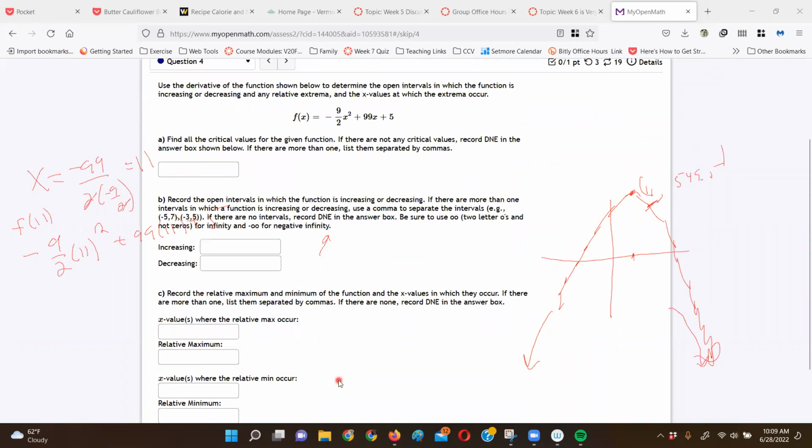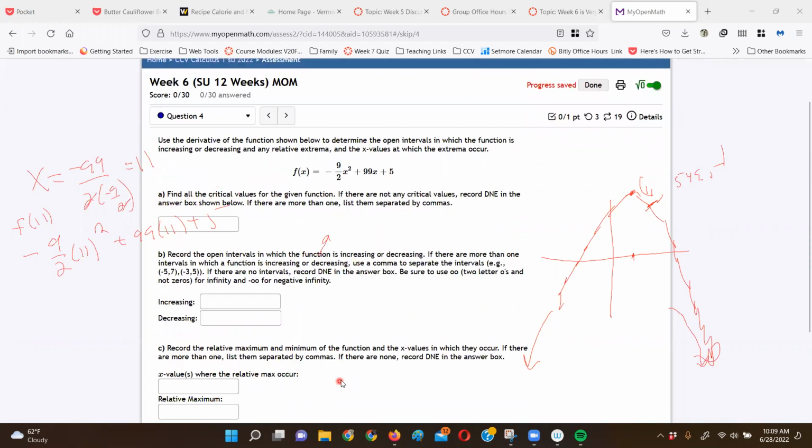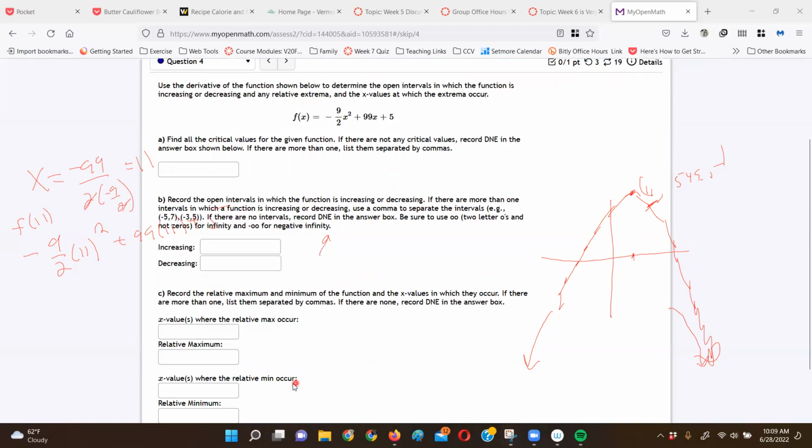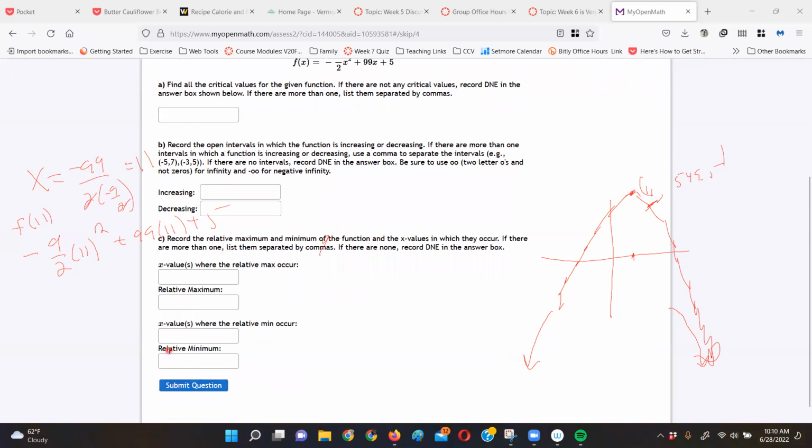It's not asking you for absolute here because it's not on a closed interval, so they just say relative. Actually, this maximum is an absolute because that's as high as this function's ever going to get. So at x equals 11, there's that maximum, and there's no minimum because it goes on forever and ever to -infinity. So we'll write D and E down here.